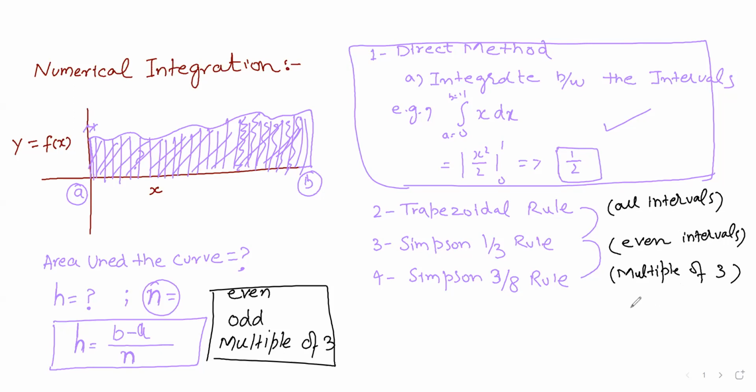Okay, multiples of 3 means either 3, 6, 9, 12. The number of intervals n is equal to 3, 6, 9, or a multiple of 3. And in here, the interval should be even: 2, 4, 6, 8. And then in here, all intervals, whether a multiple of 3, even, odd, whatever it is. So it is applicable to all intervals.